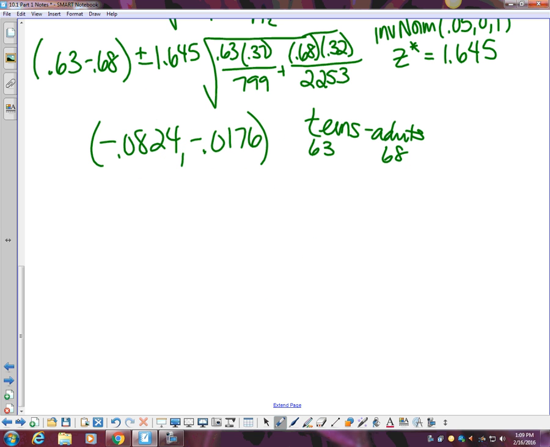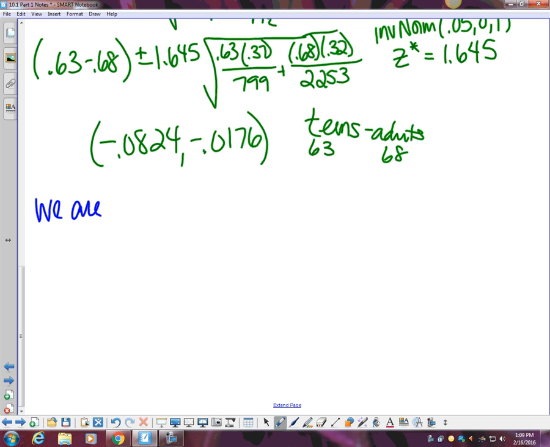Okay, so we're ready for our sentence. I'm going to read it first. We are 90% confident that our interval, that to that, captures the true difference, parentheses, teens minus adults, in the proportion of teens and adults who get on the internet every day.